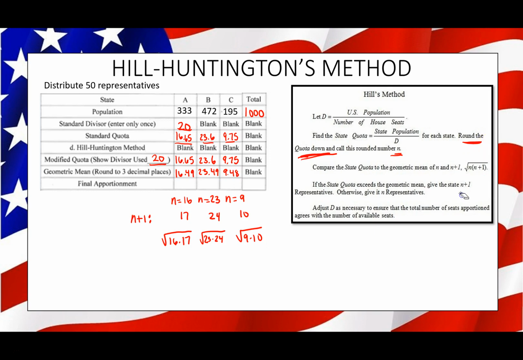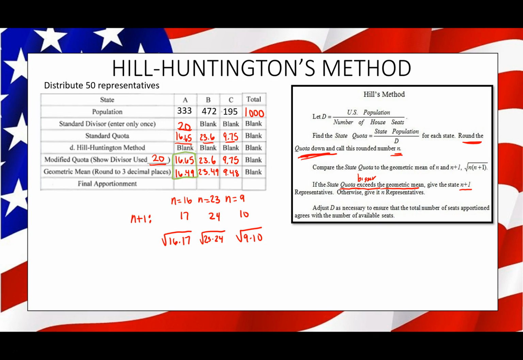All right, now this is really important, this next step. It says if the quota is bigger than the geometric mean, then you're going to give the state n plus 1 representatives. In other words, you're going to round it up. If not, you round down. All right, so let me use a different color here. We're comparing these two things.